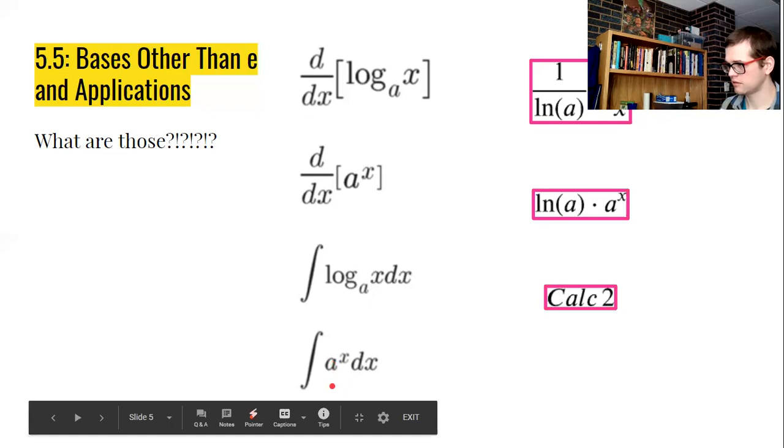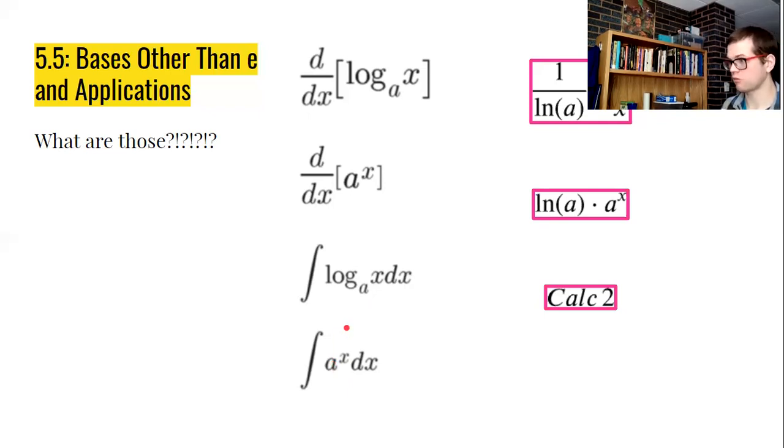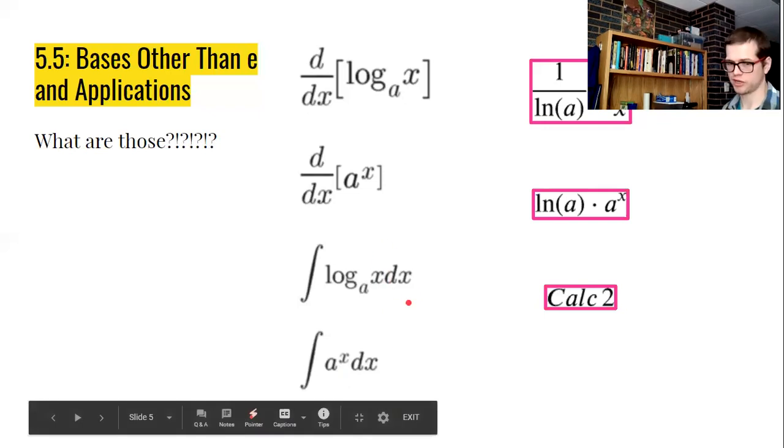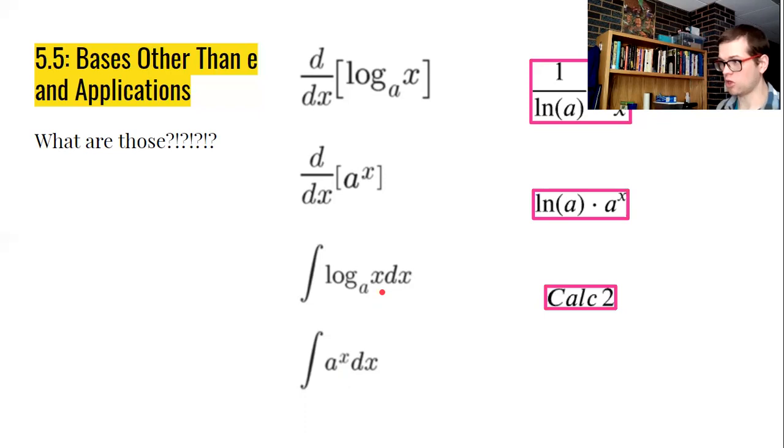But we use natural log for antiderivatives when we have like 1 over x or 1 over u. So we still use natural log for antiderivatives, but we don't find the antiderivative of natural log or of log base a of x, because we're not going to go into that process.